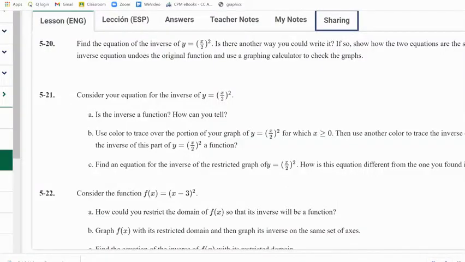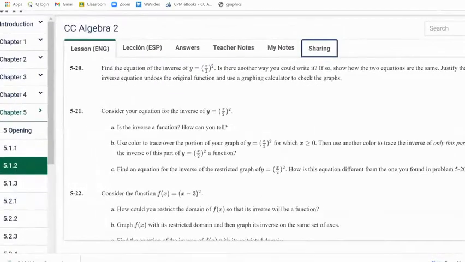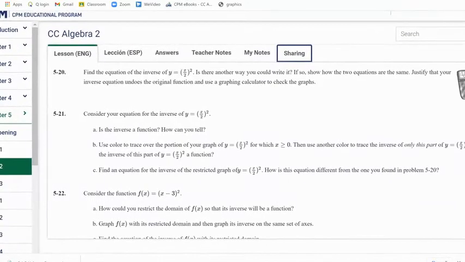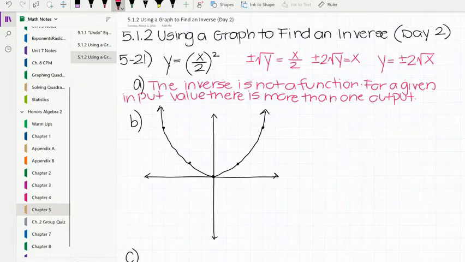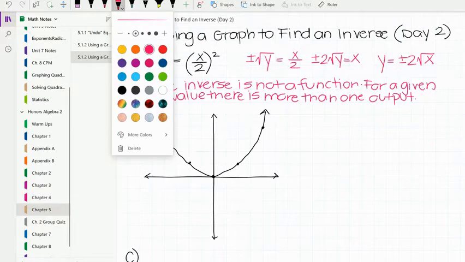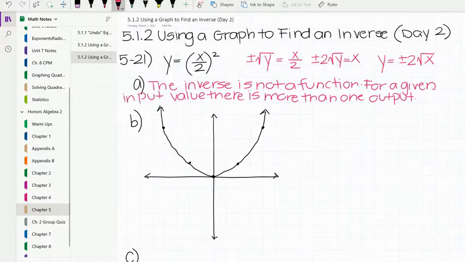Looking at part B, it says, use color to trace over the portion of your graph y equals (x over 2) squared for which x is greater than or equal to 0. Then use another color to trace the inverse of this part of the function. Let's graph the inverse if we haven't already. To graph the inverse we can simply graph the equation itself, or we can reverse the points.